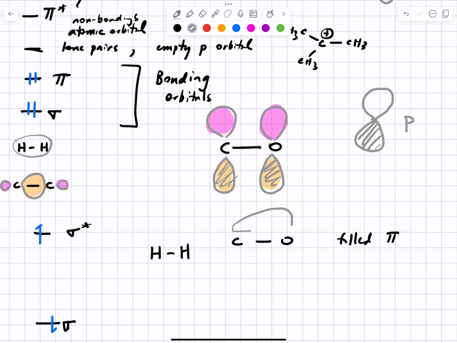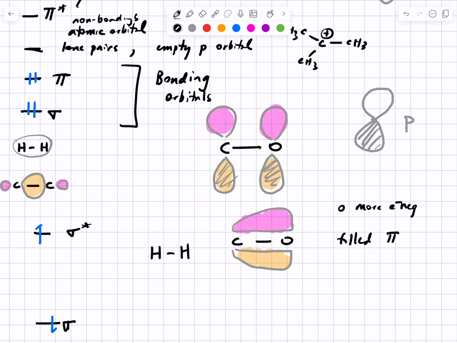I drew it before like a hot dog bun, evenly spaced on one side or the other. That's true for a carbon-carbon bond. For a carbon-oxygen bond, it's not true. It's biased a little bit towards the oxygen because, as I said, oxygen is more electronegative.